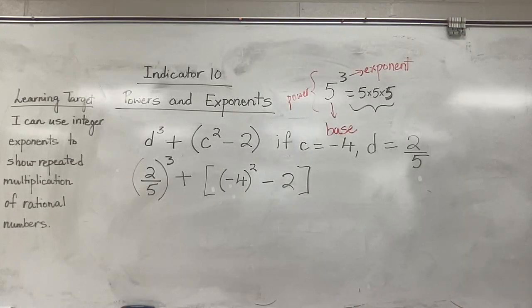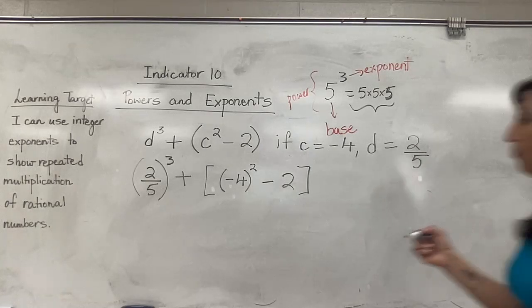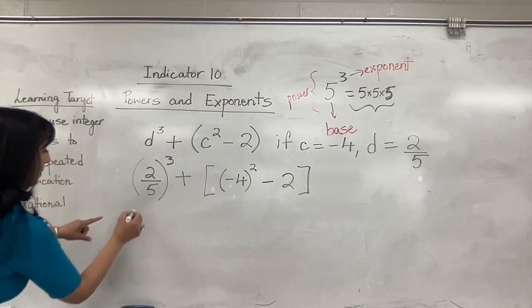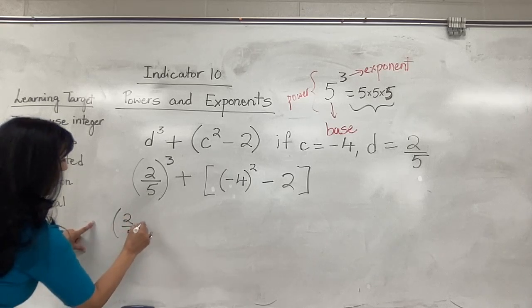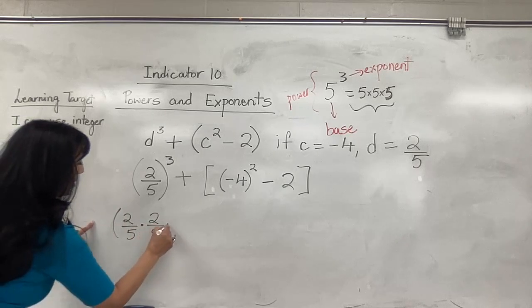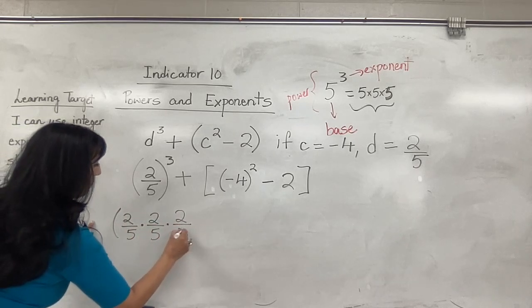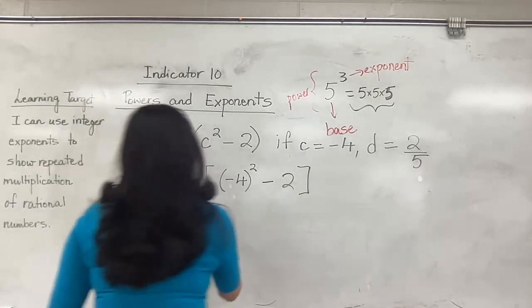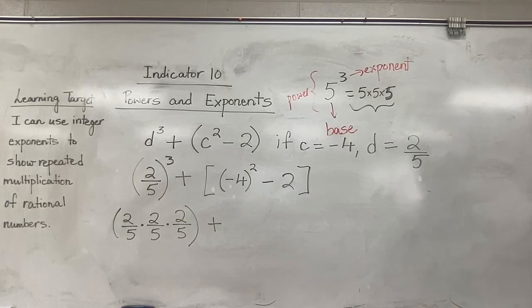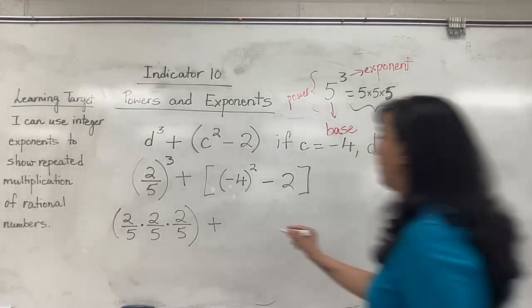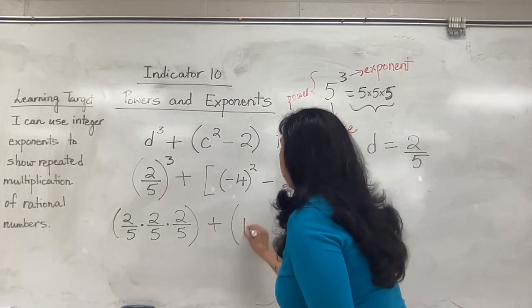Okay. Now I am going to just go ahead and do 2/5 cubed. All right. So this means what? This means 2/5 times 2/5 times 2/5. Okay. Plus, what is -4 times -4? -4 times -4 is going to give me 16, right?